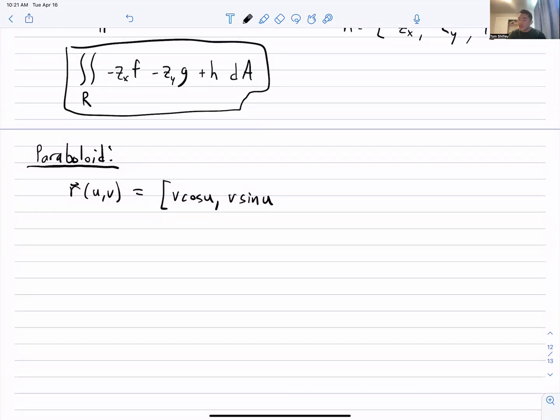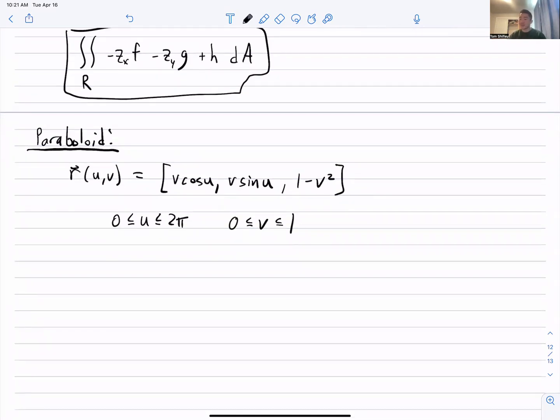And then it's going to be 1 minus v squared to make sure that we get the upside down part of it. And this is going to be for 0 less than or equal to u less than or equal to 2 pi. That gives us our theta. And then our v is representing our z values, and so our z values go from 0 to 1. At 0, we're at the top, and then they go down to 1. And so 0 is less than v is less than 1. That's the parameterization we're going to use.